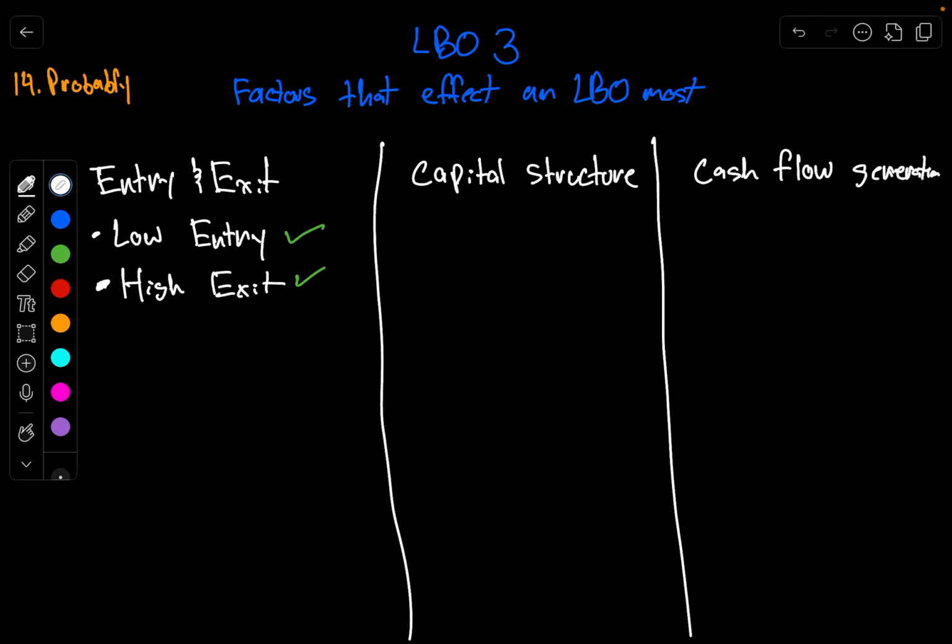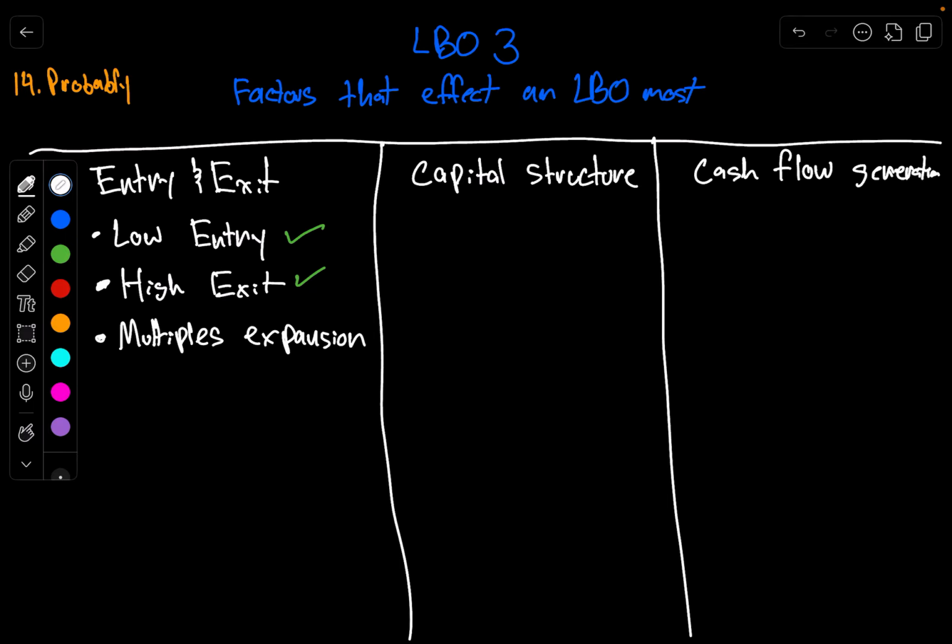This is what we call multiple expansion, right? That can also have a really, really big effect, right? And these three right here are probably the biggest variables, right? These will have the largest effect on the internal rate of return of an LBO, right?